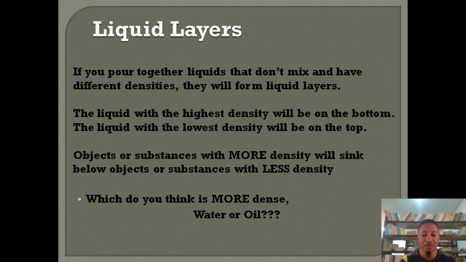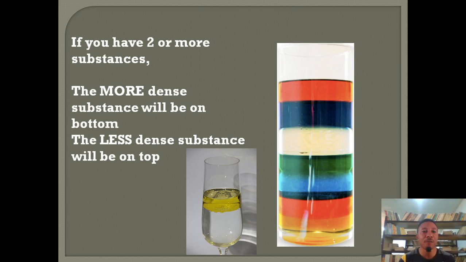Did you get that? All right, if you have two or more substances, the more dense substance will be on the bottom and the less dense substance will be at the top. In this case here, we have up to 3, 4, 5, 6, 7, 8 different substances in a container of different colors.